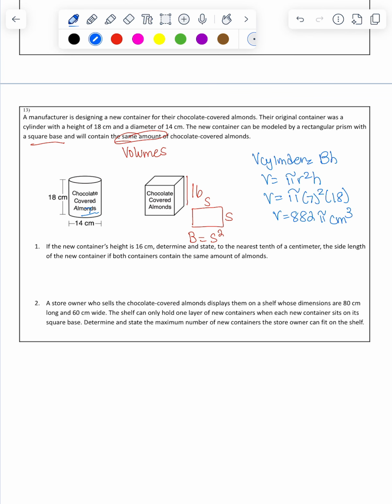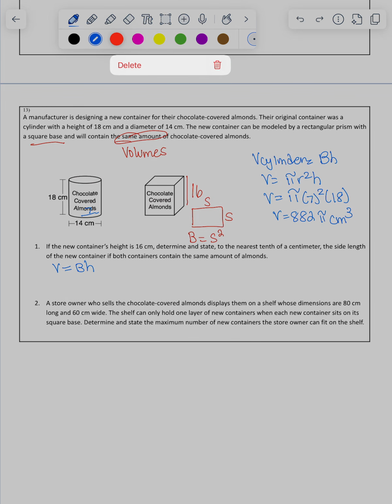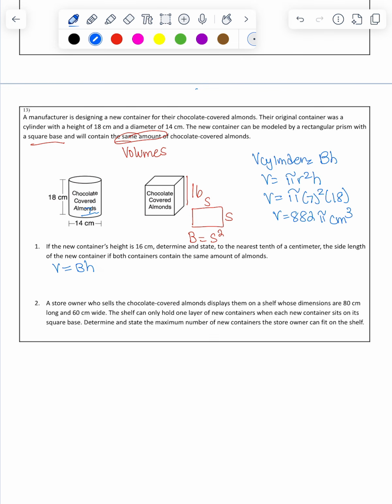Now, when I'm plugging in for the rectangular prism, which is capital B times H, since it's a rectangular prism with a square base, the area of the base would be side times side, because both of the sides are the same.